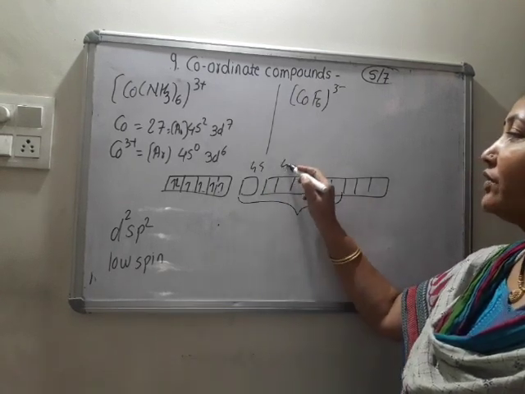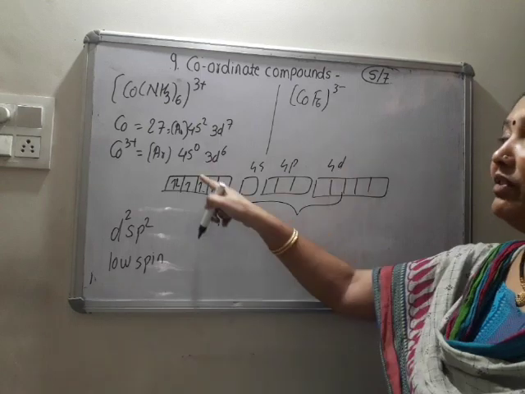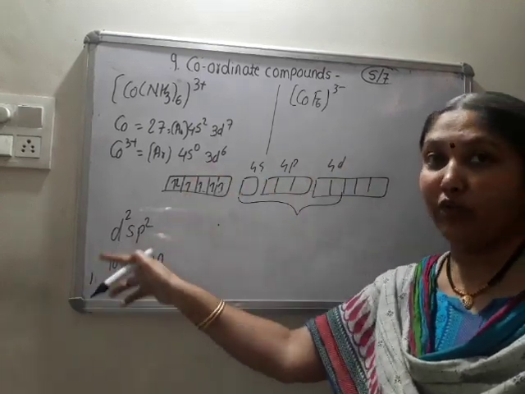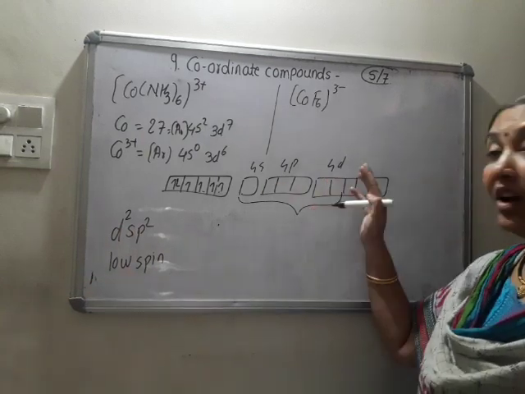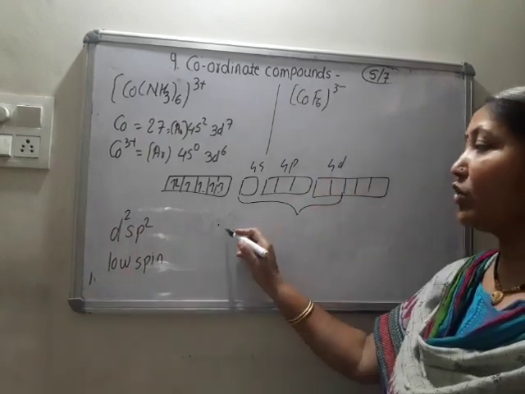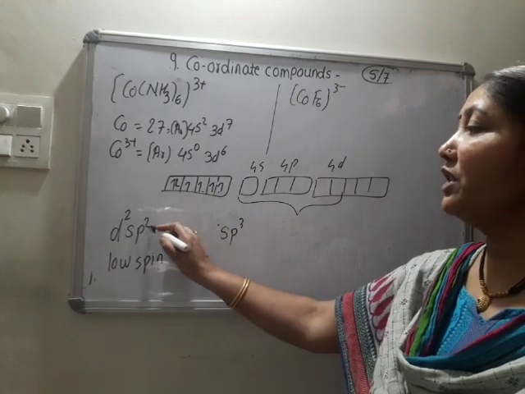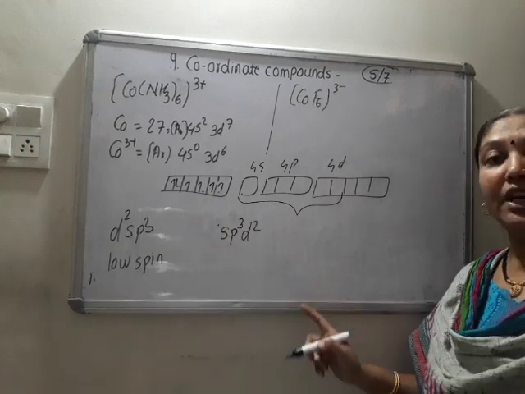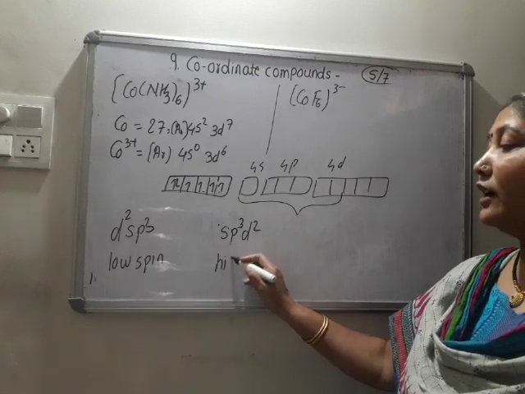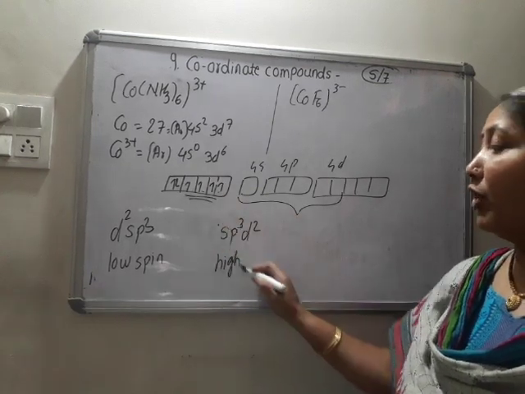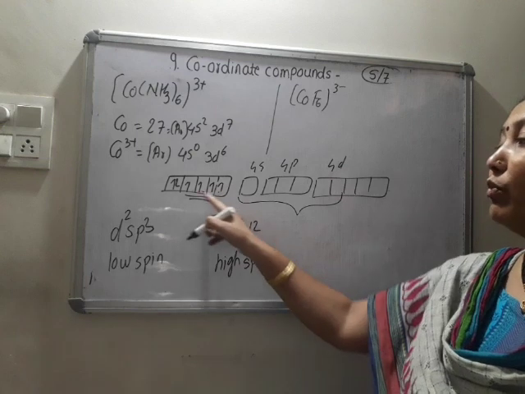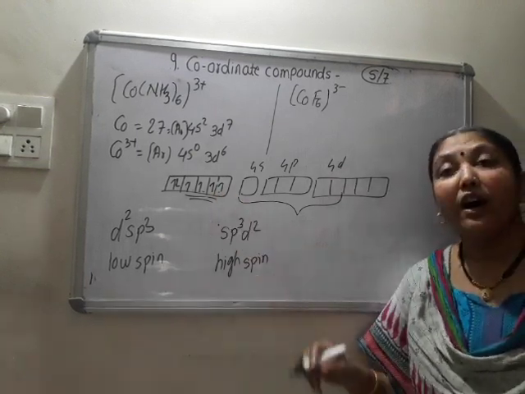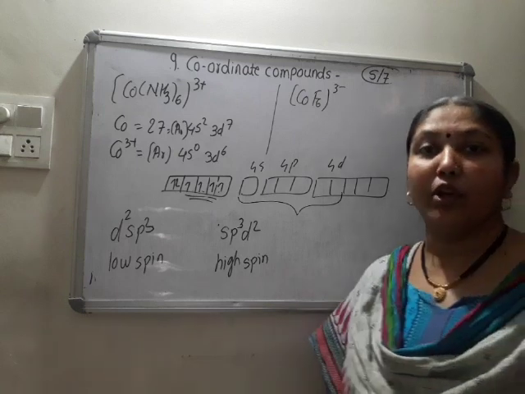This is 4s, 4p, 4d. In the previous case 3d, 4s and 4p, so d of the inner shell. So we wrote d first. Here d of the outer shell. So its configuration becomes sp3d2, and this is called a high spin complex. Why? The number of unpaired electrons is more here. 4 unpaired electrons are there. So this is an example of a high spin complex.